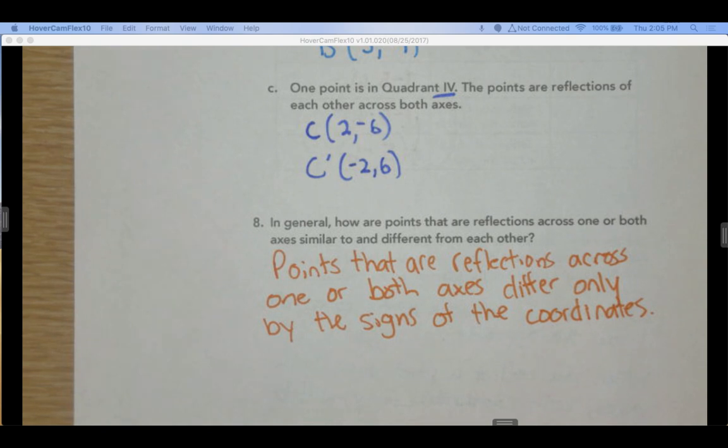Right? Like the numbers aren't changing. It's just going from a negative to a positive or from a positive to a negative.